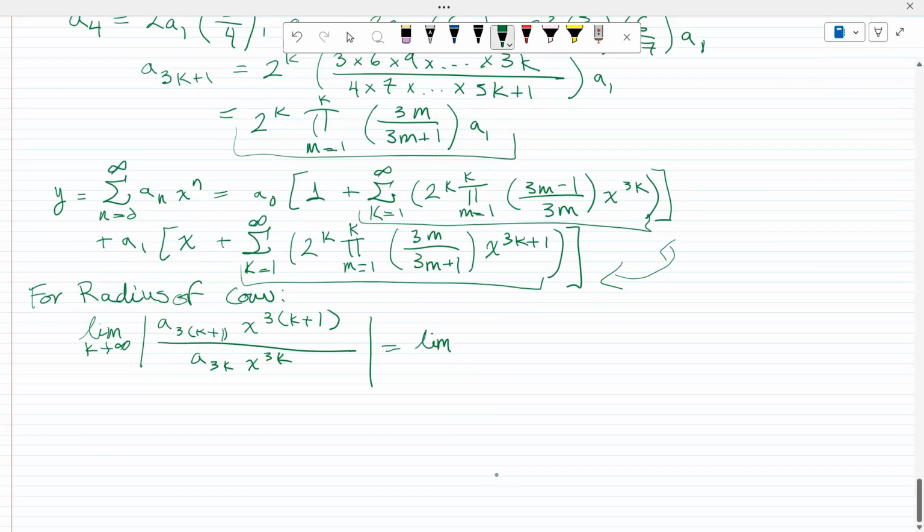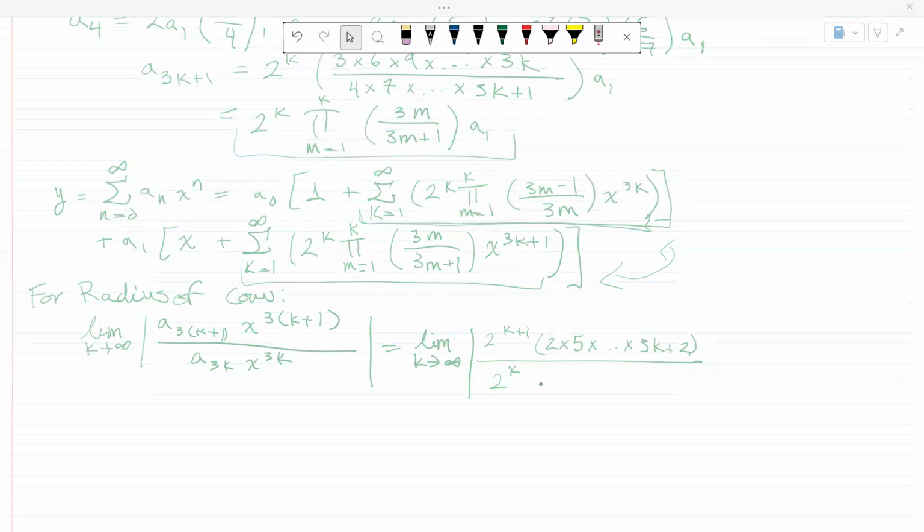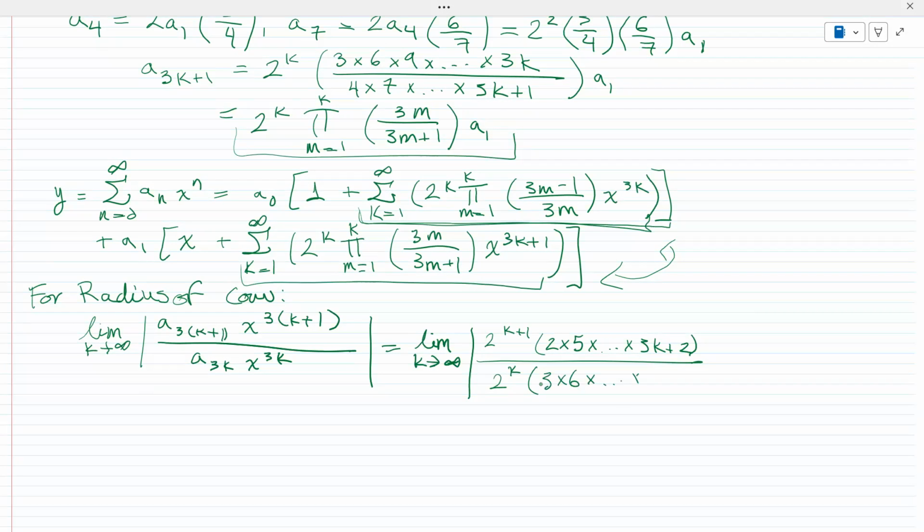This will be equal to the limit as k approaches infinity of, since we're using this first relationship just up above, 2 to the k plus 1 times 2 times 5 times dot dot dot times 3k plus 2, divided by 2 to the k plus 1, and then divided by 2 to the k times 3 times 6 times dot dot dot times 3k plus 3.